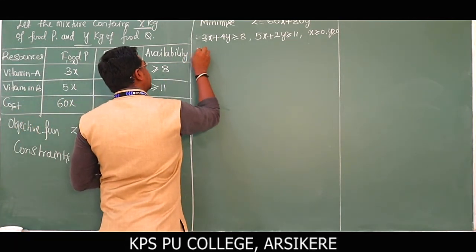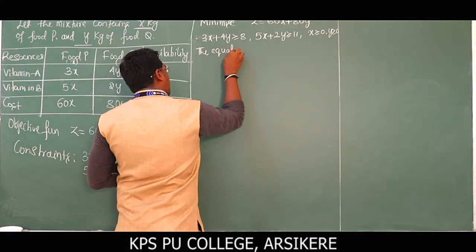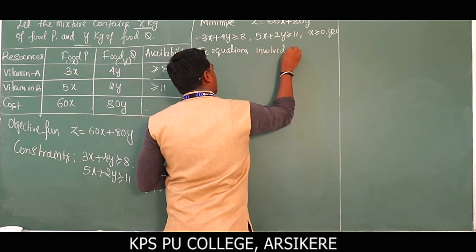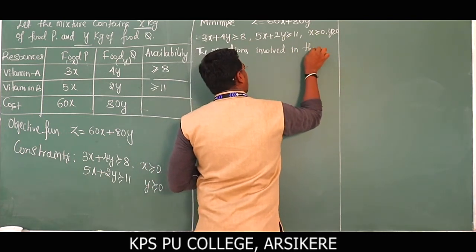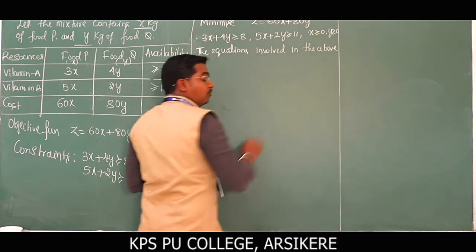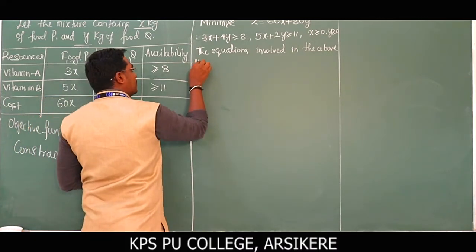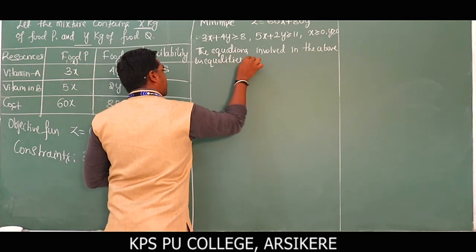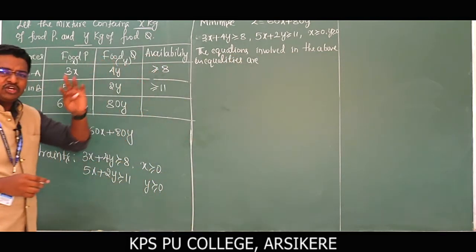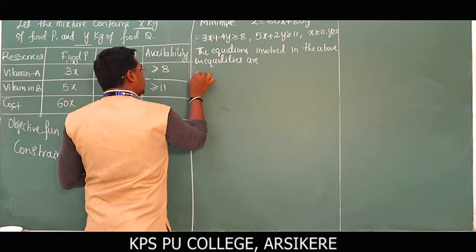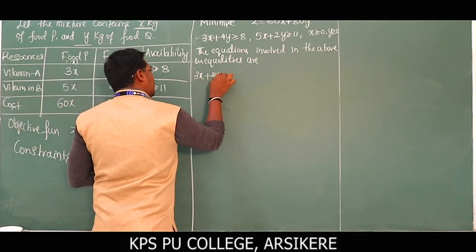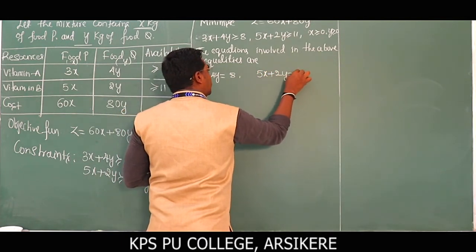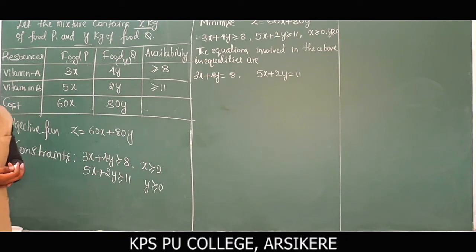First simplify. The equations involved in the above inequalities are these two equations: 3x plus 4y is equal to 8 and 5x plus 2y is equal to 11, x greater than or equal to 0, y greater than or equal to 0.